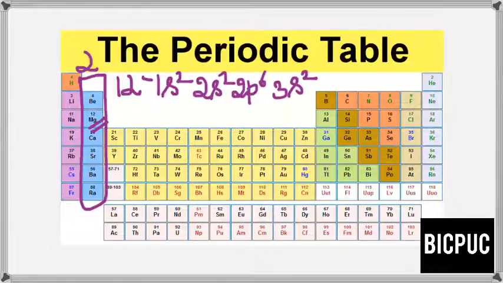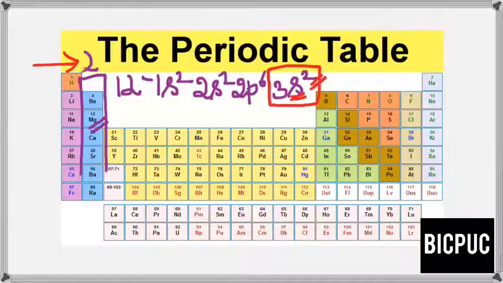Here, as you can see, in the valence shell, that is the outermost shell of magnesium, electrons are again entering the orbital of S, and it contains 2 electrons. That means the S orbital is getting completely filled as we move from group 1 to group 2.